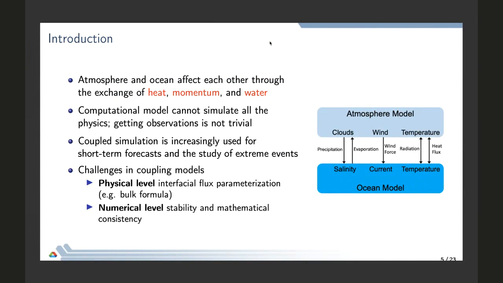What I mean by stability here is that even if each component is stable by itself, the entire system is not necessarily stable when we couple all of them together. And if instability occurs in the system, it does not necessarily mean the solution blows up, so it's not easily observable. But it may introduce spurious errors in the simulation, which are really hard to find.